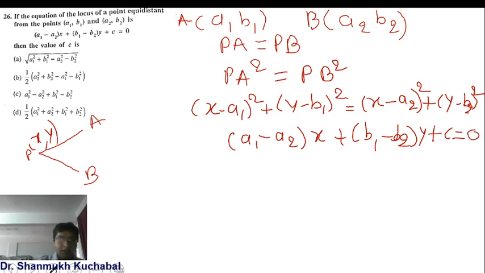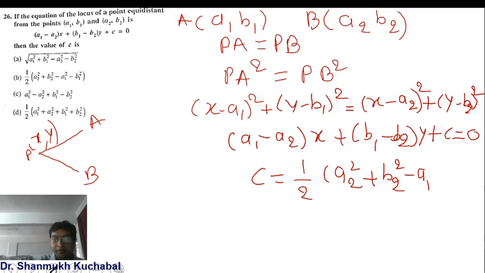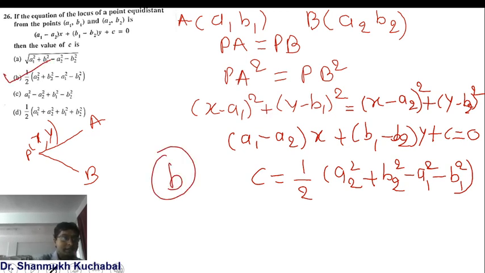Comparing the equation, we get the c value as 1 by 2 times A2 square plus B2 square minus A1 square minus B1 square. Like this I am going to get it. So clearly option B is a right answer. So like this we get a solution.